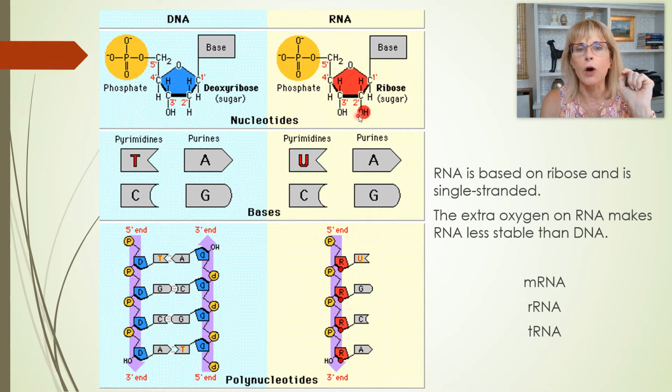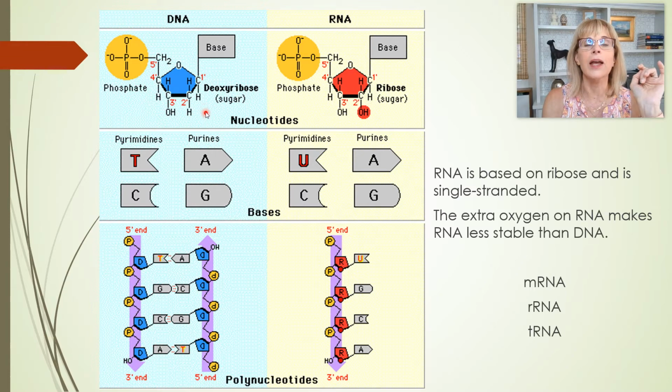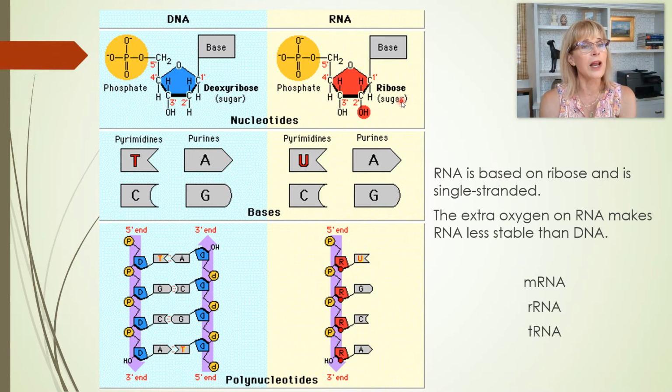There's an OH, oxygen, hydrogen, and over here, just an H, okay? That is why this sugar in blue is called deoxyribose, because they deoxygenated it, and this one is just called ribose. If I ask you if there is ribose in DNA, you will say no.